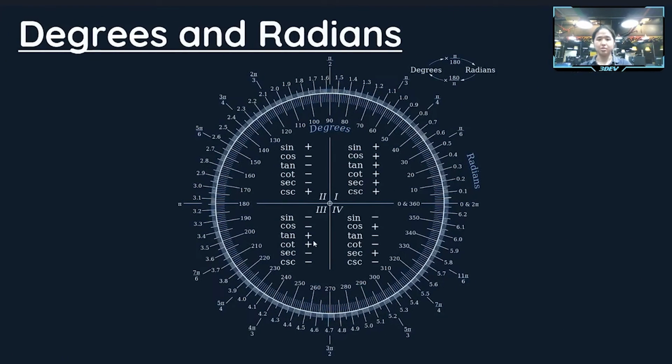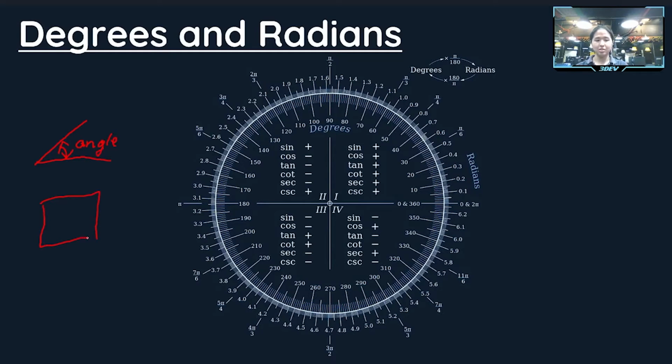Next up, degrees and radians. Degrees and radians are the units that you use to measure an angle. So what is an angle? An angle is basically the value between a straight line and another line from the top. So this one is called the angle. A square also has angles.